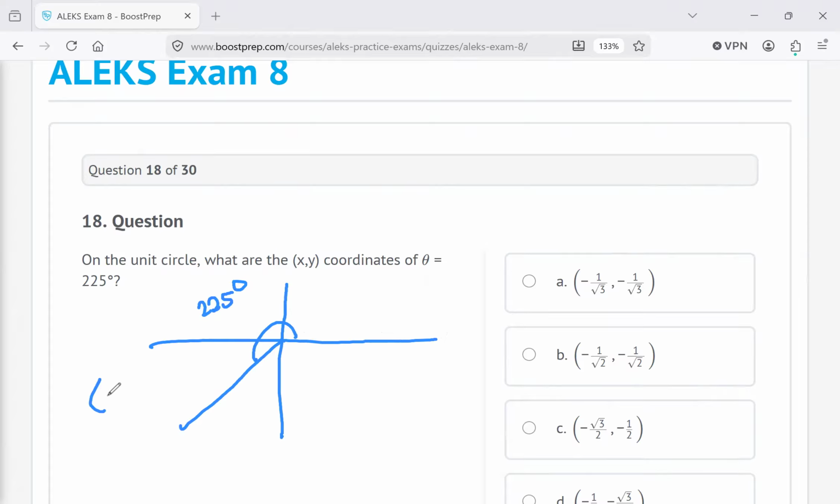An x coordinate of negative root 2 over 2, and a y coordinate of negative root 2 over 2. That's it. So which one is that going to be? I think it will be B. They didn't simplify it, but if you rationalize it, it's okay, right? There you go.